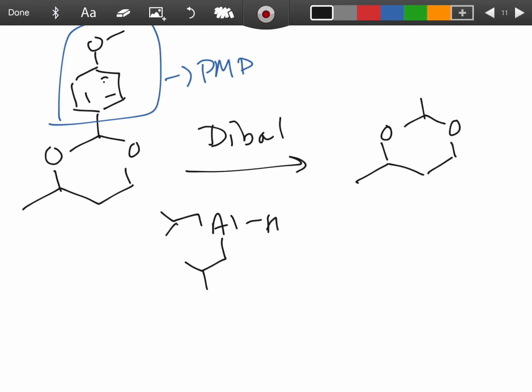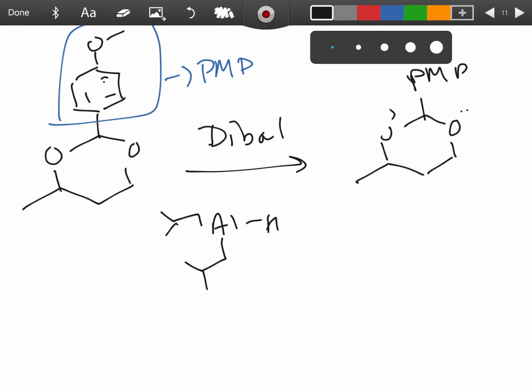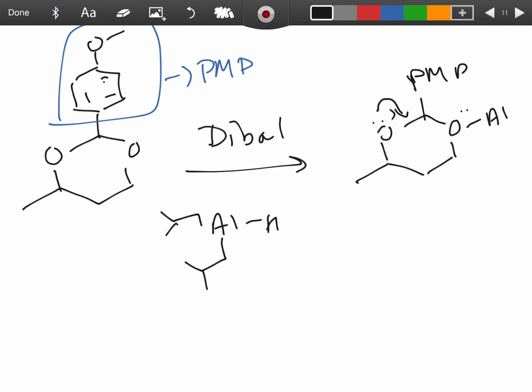So what happens here is, your aluminum bonds to your oxygen and makes this positive. Let me try to do this right. I put it on the wrong side. See, this is why you have to check stuff, right? These electrons will come down and push electrons over here.